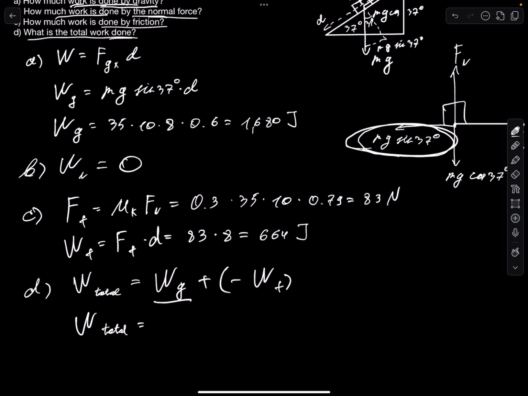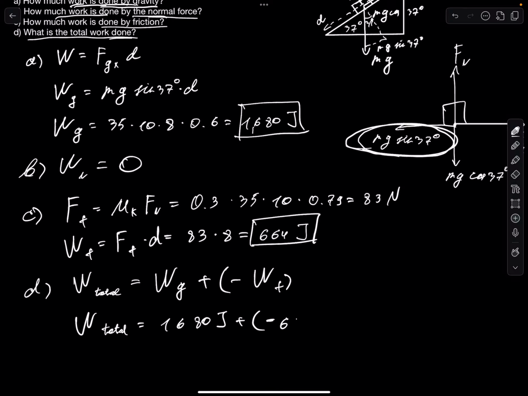The work done by gravity, we calculated, is 1680 joules plus negative work done by friction. It actually should have been negative from the very beginning. I mean, the force is not negative, but here it should have been negative.